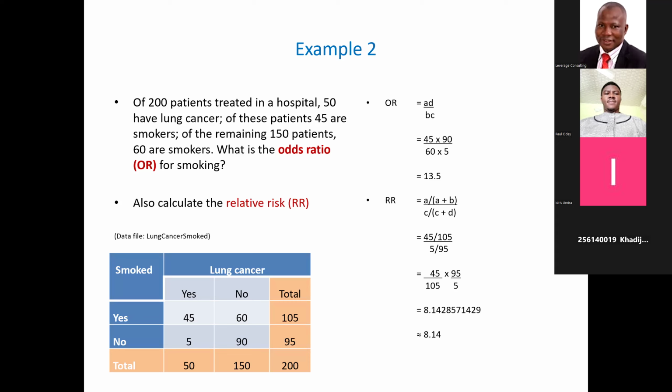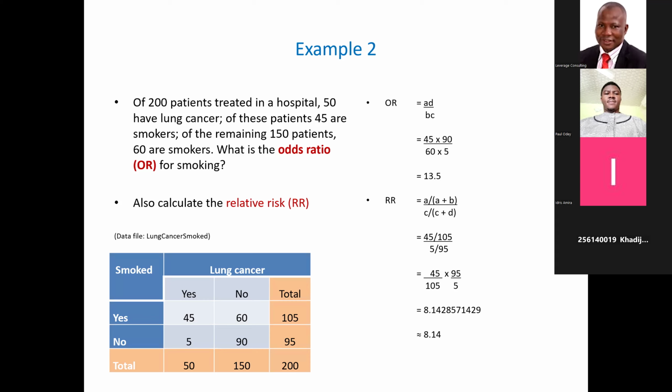Of these patients, 45 are smokers. Of the 50 that have lung cancer, 45 smoke. That's how you put it. So if 45 is yes, smoke, lung cancer, then the remaining one, no smoking, will be 50 minus 45, which is 5.